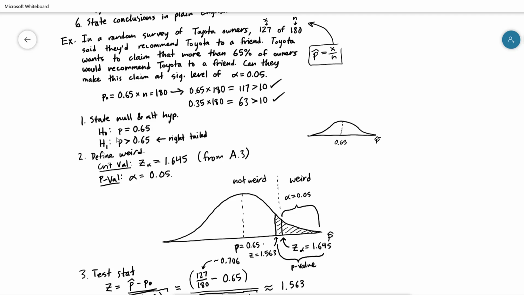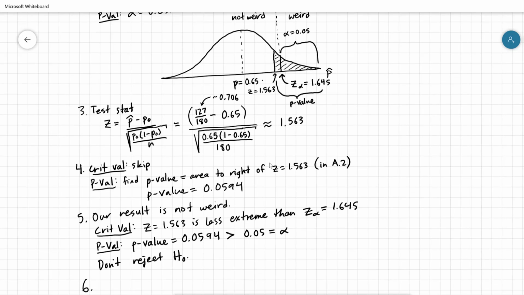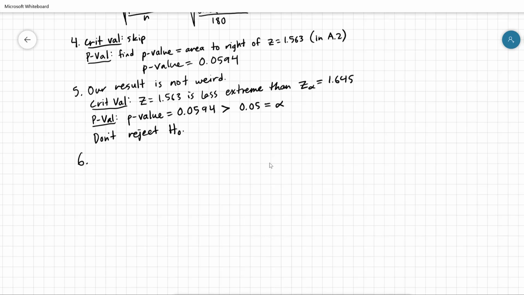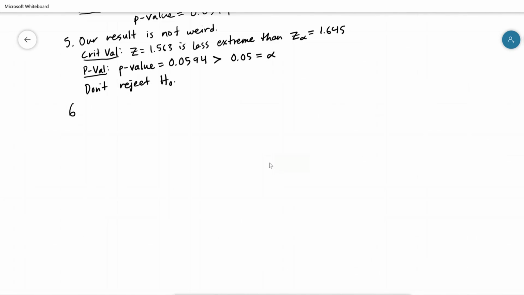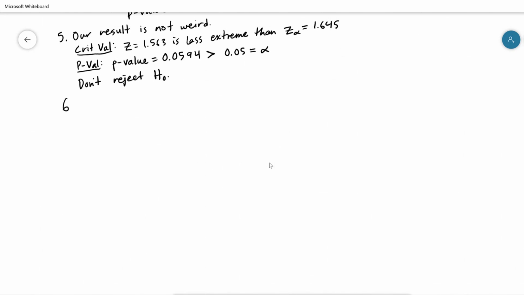So the alternate hypothesis is the one that supports their claim, but it turns out the evidence just wasn't quite strong enough to make the claim that they wanted to make. And so according to this, there's insufficient evidence. We're not saying that they're wrong, we're just saying the evidence isn't strong enough to support their claim. So their claim isn't necessarily false, it's just our evidence isn't strong enough to support that claim. So there's not enough evidence.